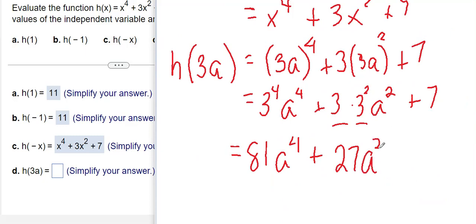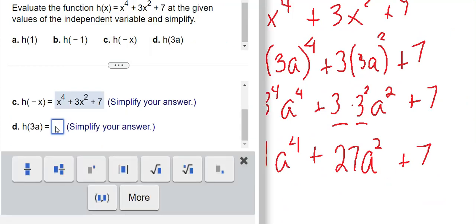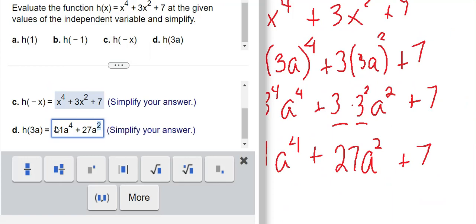A to the second plus 7. 81a to the fourth plus 27a squared plus 7. And we'll very carefully enter my answer this time. Try not to make any mistakes. 81a to the fourth plus 27a to the second plus 7.